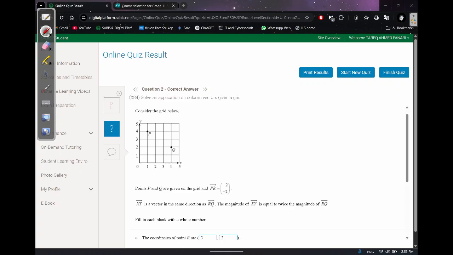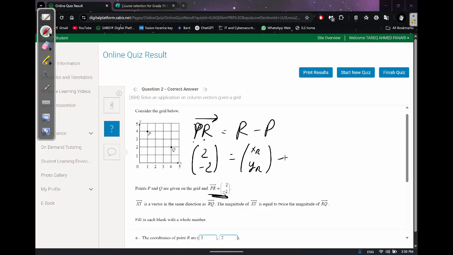PR is our vector, going from P to R, meaning R is the final point. So it's R minus P. Now we express this in the values we have. PR is given as 2 and negative 2. R is what we need, so we'll call it XR and YR.